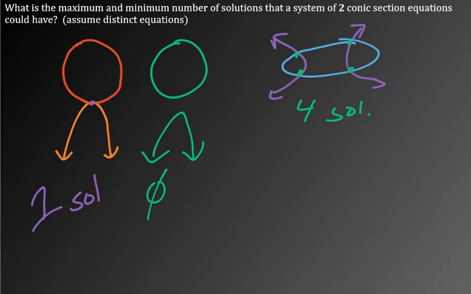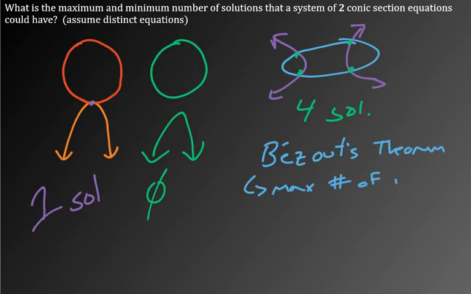There's actually a theorem in math called, I'm pretty sure you pronounce his name, Bezout's theorem. Basically, this says that the maximum number of intersections is the product of the degrees.